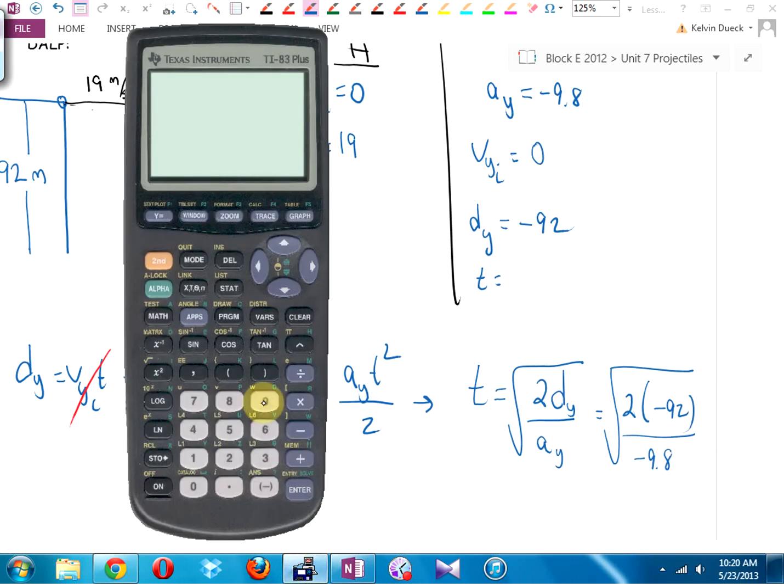Now, if you missed that negative 92, if you wrote vertical distance instead of displacement, if you just put a positive 92, this is where you'd catch yourself, because you'd go 2 times 92 divided by negative 9.8, and when you tried to square root that, you'd get an error. Your calculator is saying, I'm sorry, you've done something wonky. I can't actually answer this question for you.